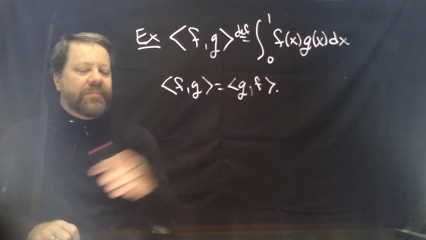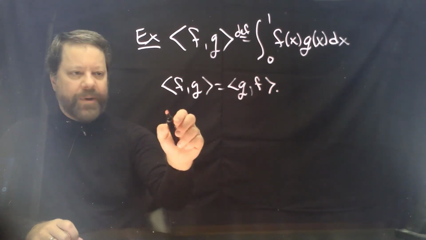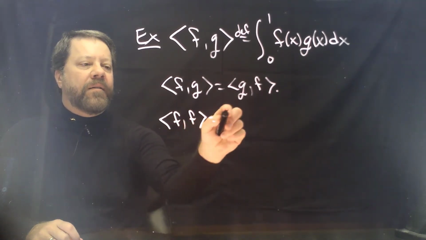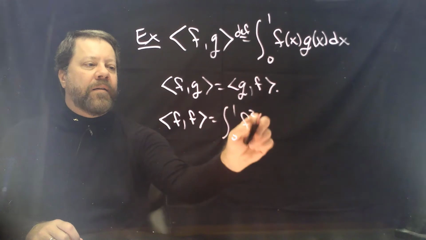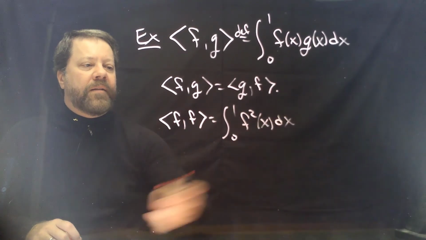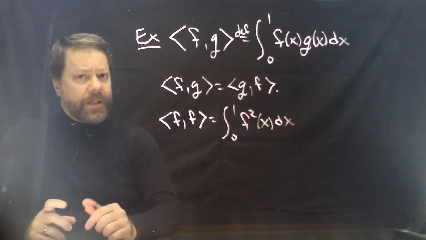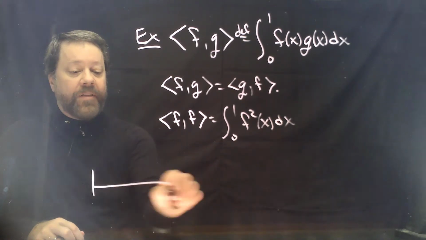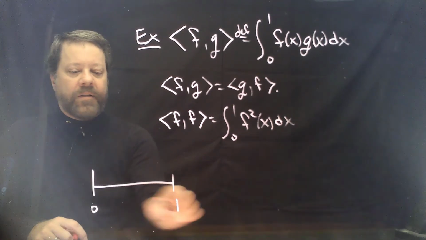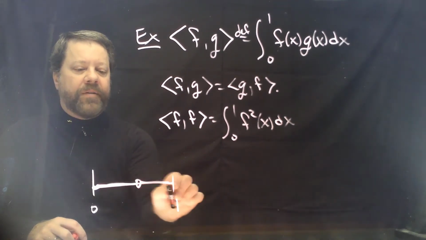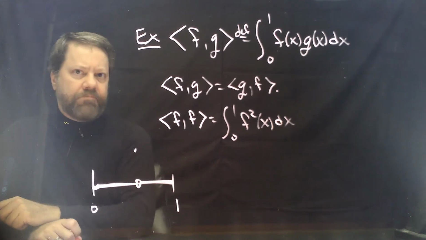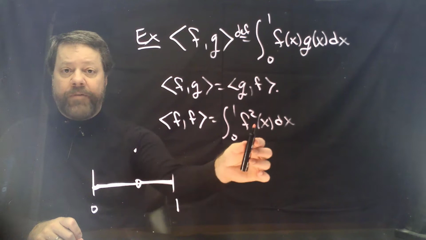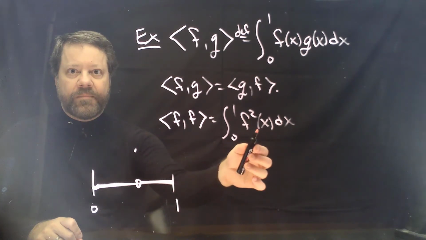What might be less clear is that first property. One reason that this may not be quite so clear is that you can have a function on the interval 0 to 1 which is 0 except at one point, and maybe non-zero at that one point. The integral, even if you square it, is going to be 0.